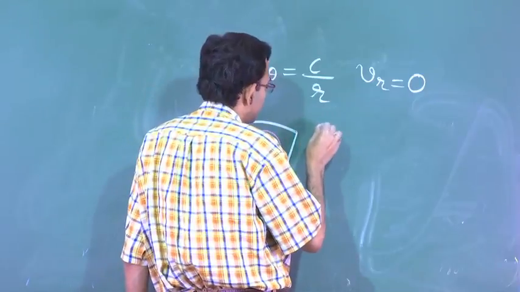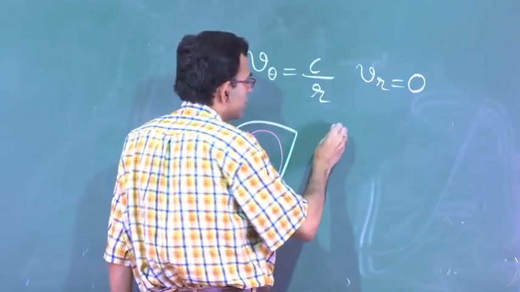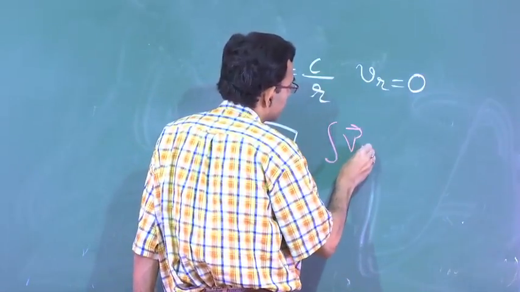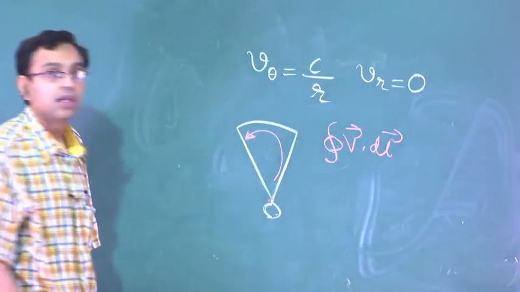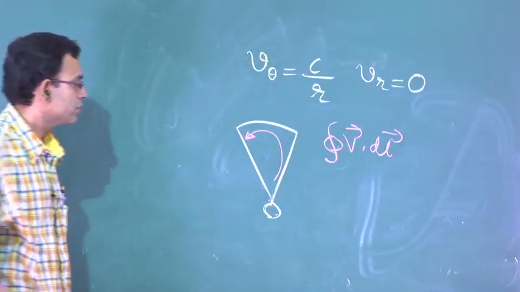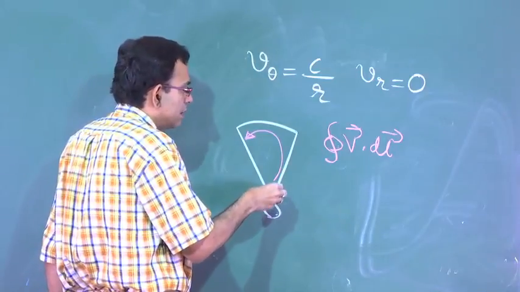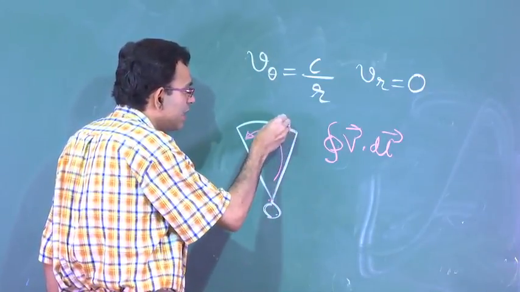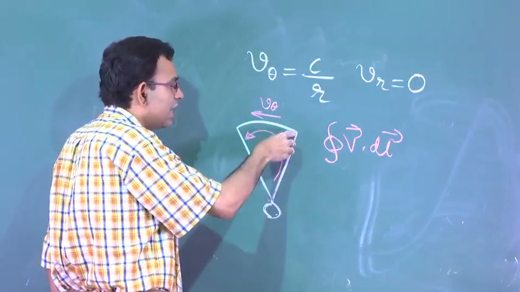So, how do you calculate the circulation? Circulation is defined over the closed contour. V theta is in the theta direction and this is in the r direction.